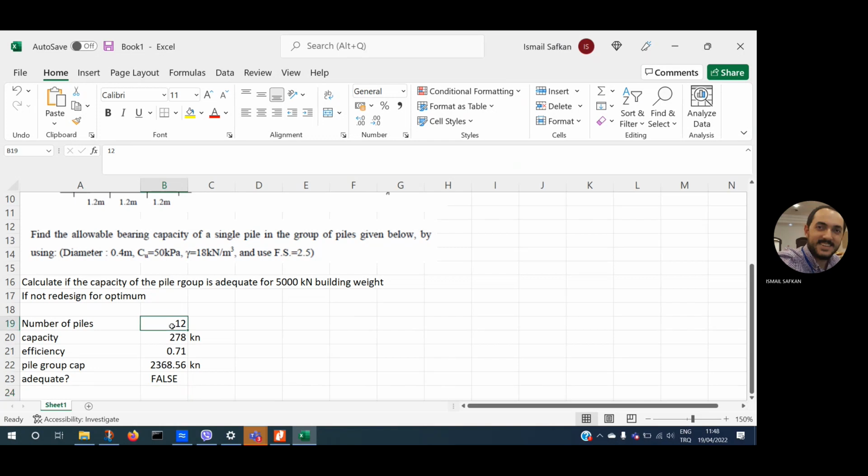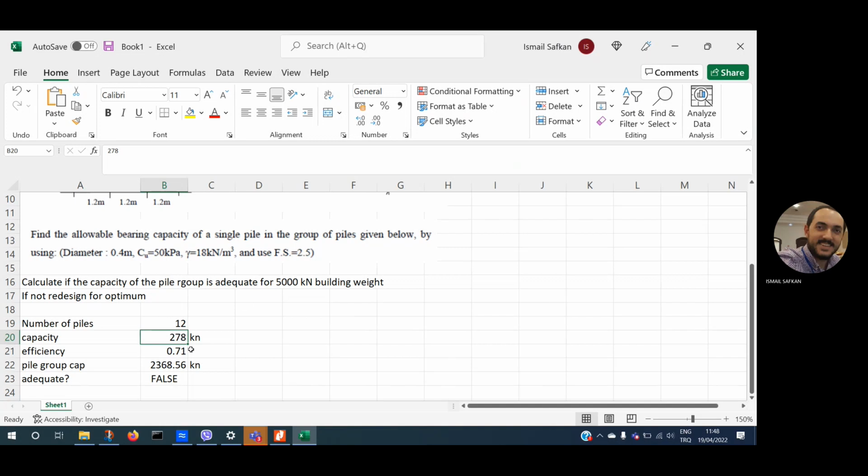If I change the number of piles, I have to update this as well. Efficiency as well, right? If I change the depth, I have to update the capacity of a single one. So we will input everything here and do it several times.